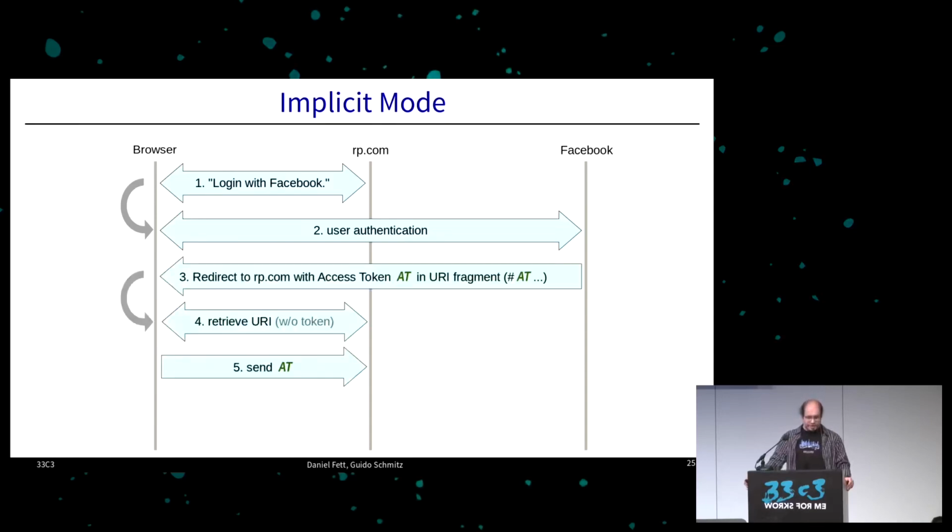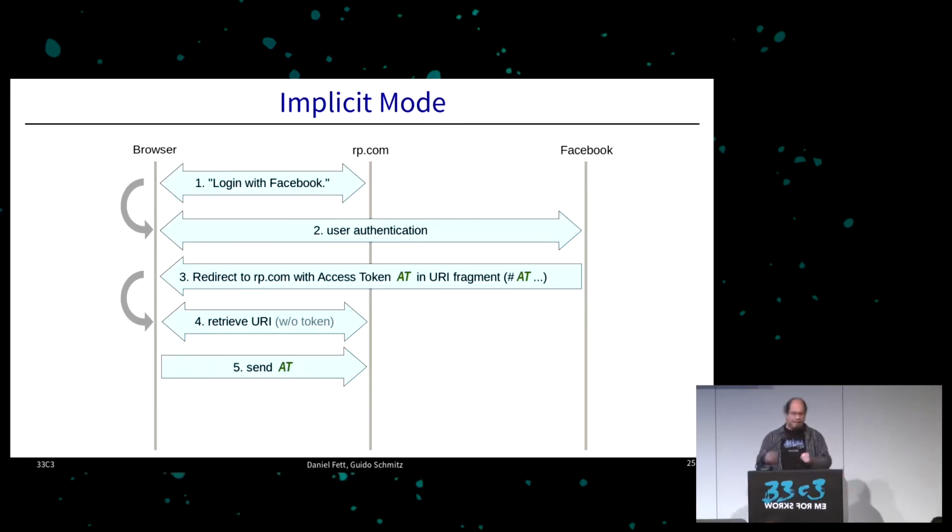And then Facebook issues a token that's called the access token. And Facebook redirects your browser back to the relying party and puts the access token in the URI. And then for some technical reasons, we need some additional steps to retrieve this access token from the URI because it's in the fragment part.